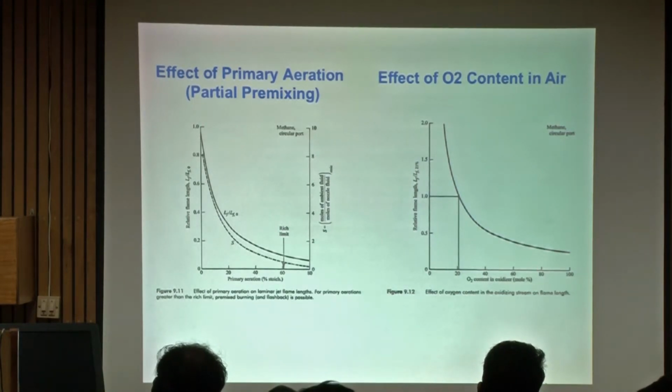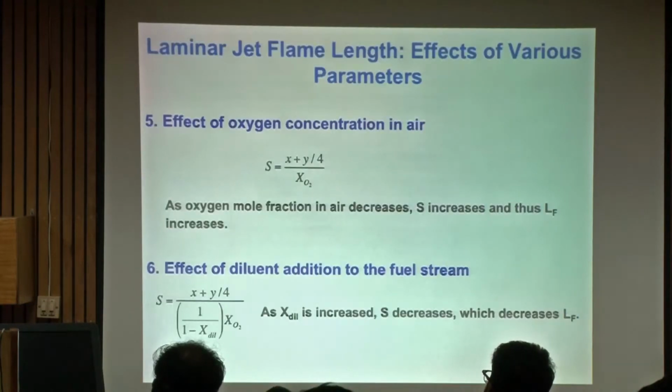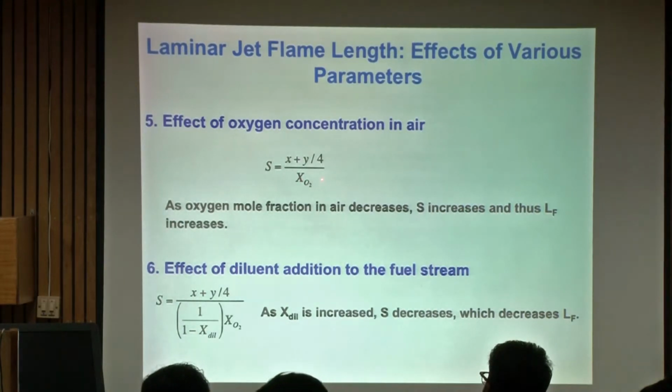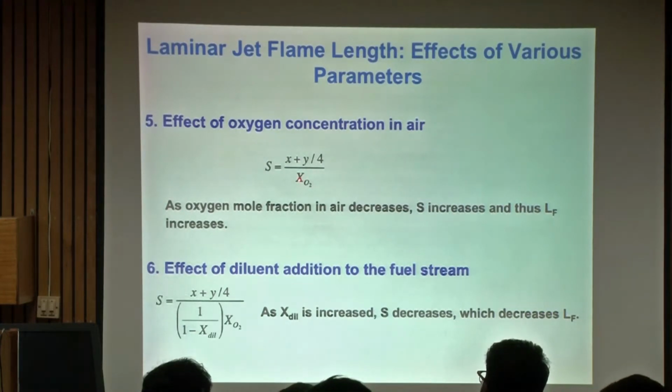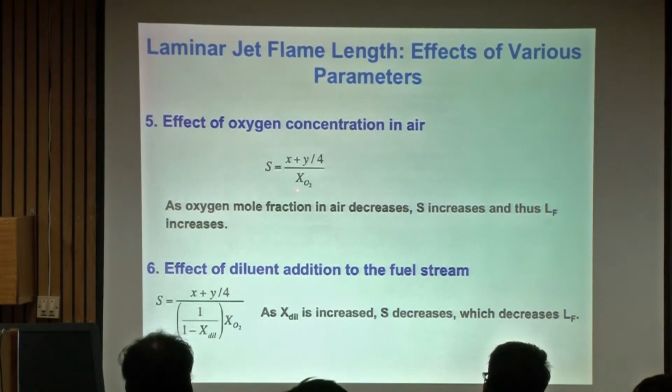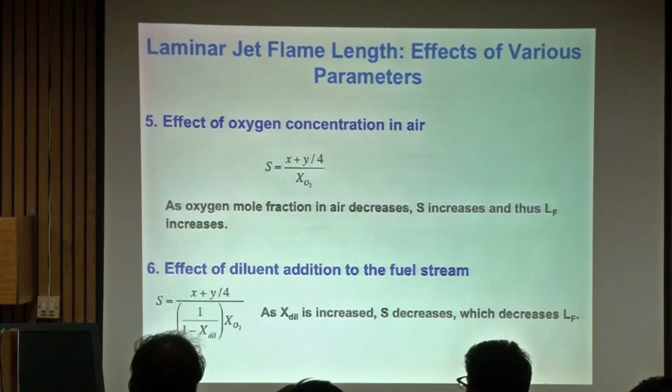And this you can explain by using this equation. If you have more oxygen, the S value will decrease, and that will also decrease the flame length. Remember, this is a correlation, not an exact equation, but it gives the effect of these parameters.